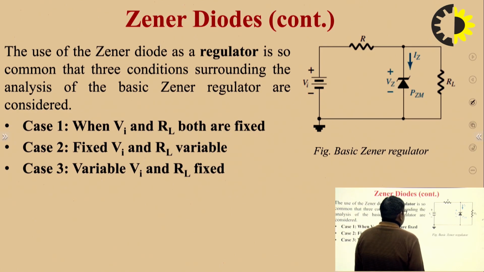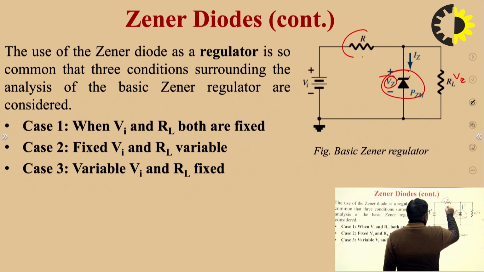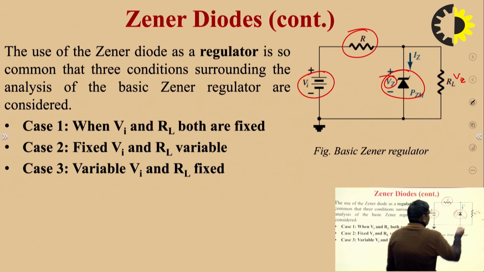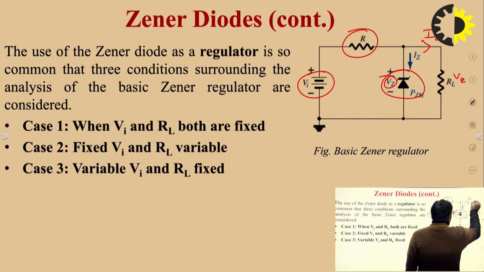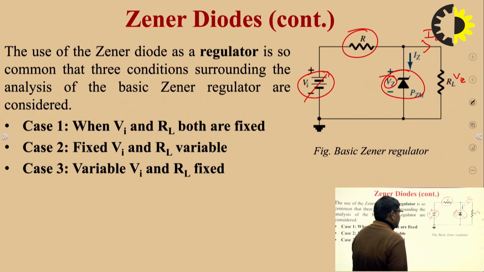What is the regulation parameter? This is a Zener diode with Zener voltage Vz, and this is the load. We want a fixed voltage Vz to appear at the load terminal. This is the input resistance and this is the input voltage Vi. The load current can vary in two ways. If we increase or decrease the input voltage, such regulation is called line regulation.